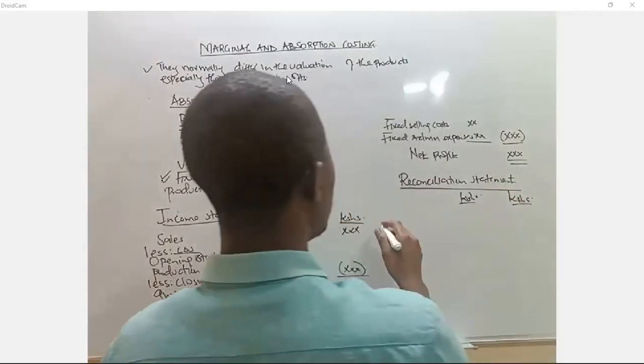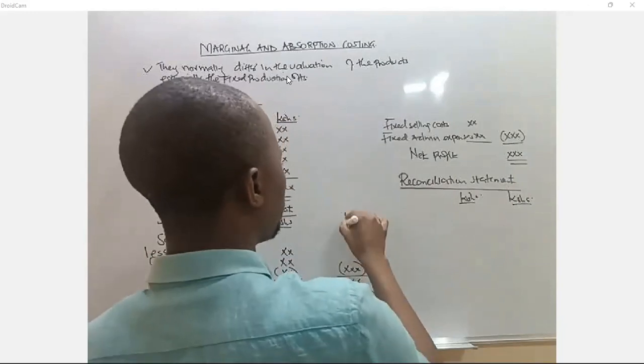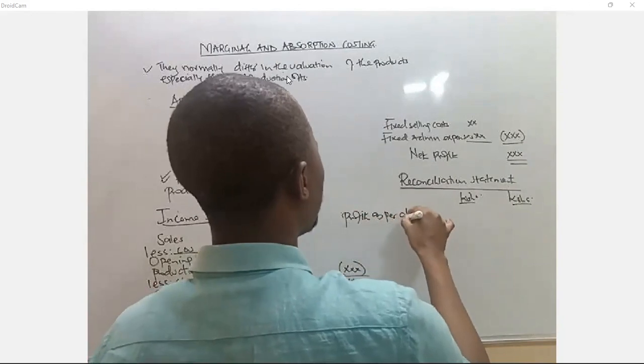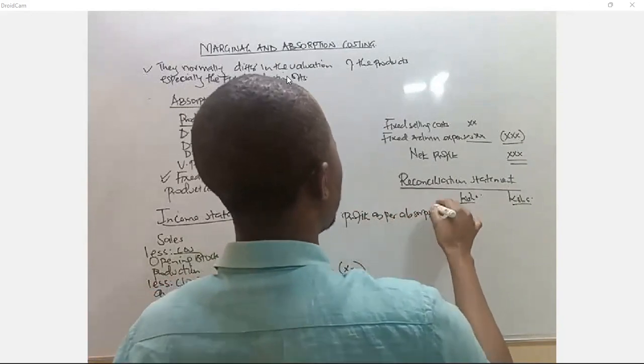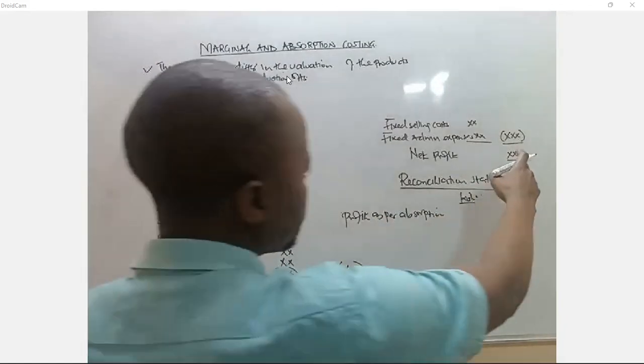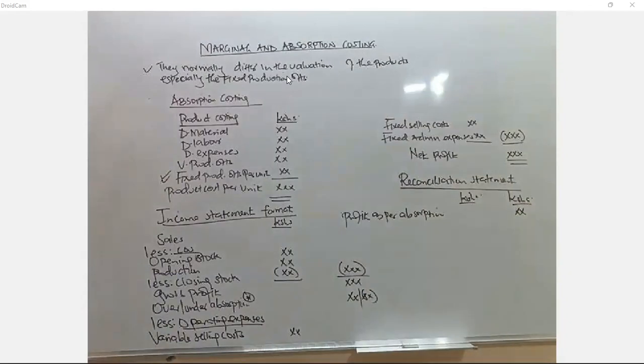We normally do it by taking the profit as per absorption. The profit as per absorption is the one that you have already gotten here. So we put it here. Then after getting that profit, we are going to be adding overstated.